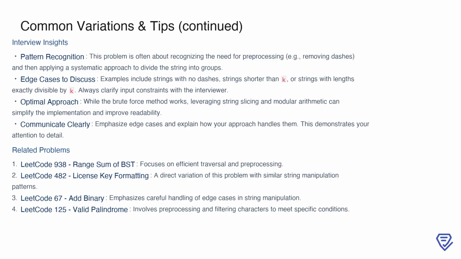It's important to clarify these scenarios with your interviewer and demonstrate that your solution handles them effectively. In terms of approach, while brute force methods may work, leveraging techniques like string slicing and modular arithmetic can make your code simpler and more readable. Finally, clear communication is vital. Articulate the edge cases you've considered and explain how your solution accounts for them. This conveys your attention to detail and systematic thinking.